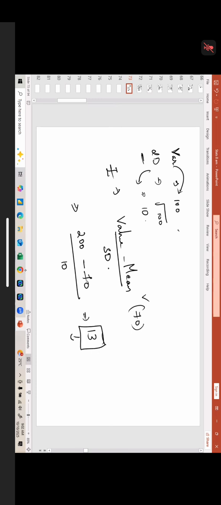The meaning of this is that the value 200 is present at 13 standard deviations far away from the mean.